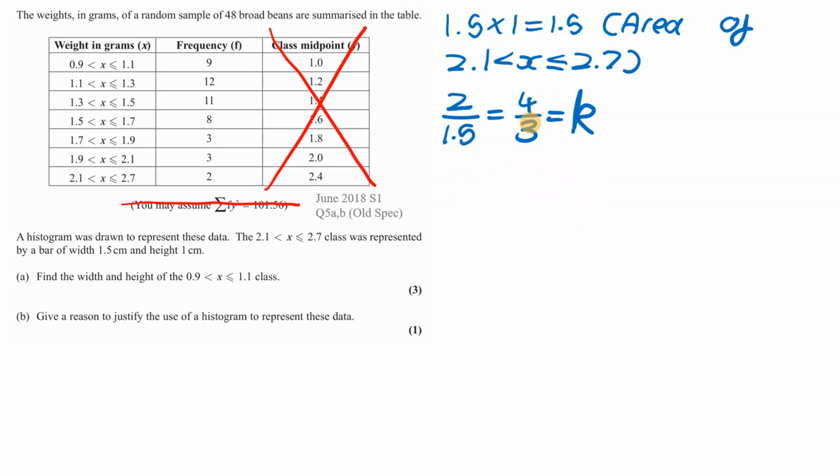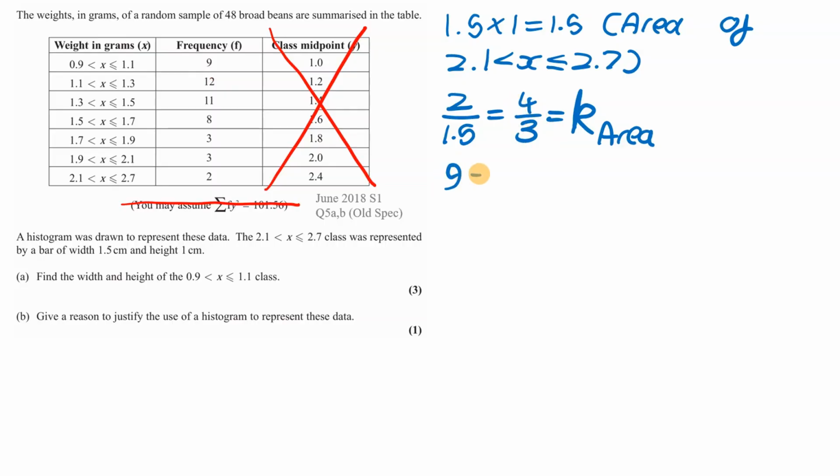Now one thing you need to distinguish here is that this is the scaling factor for the area, and I'll come back in a moment as to why we need to make that distinction. So we know the scaling factor for the area, and we're looking for the width and the height of the 0.9 to 1.1 class, which has a frequency of 9. So we can figure out the area of this bar using this scaling factor.